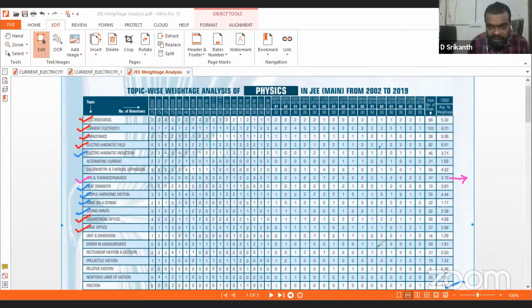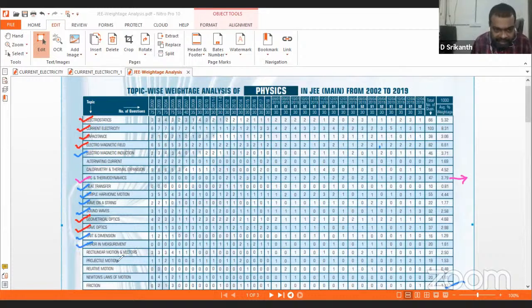Units and dimensions: nowadays, in the 2020 papers, either in the January paper or the September one, they asked. So you can give it to the second round. Error in measurement also.